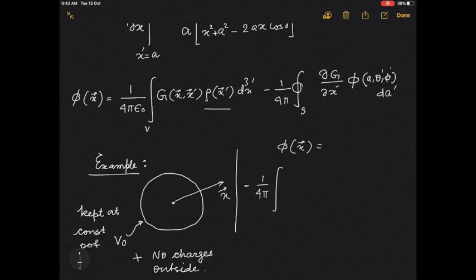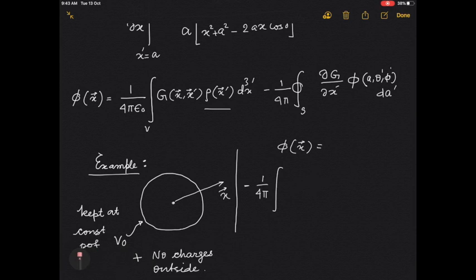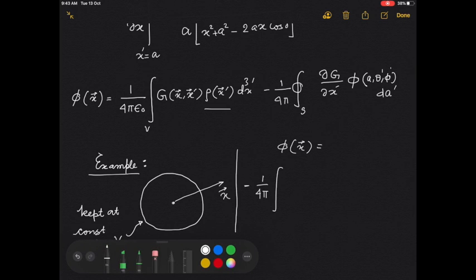which is minus 1 by 4 pi times the integral over the surface of the sphere, dA prime.